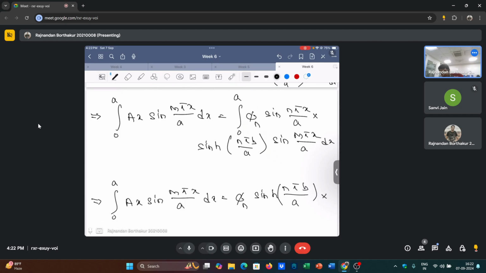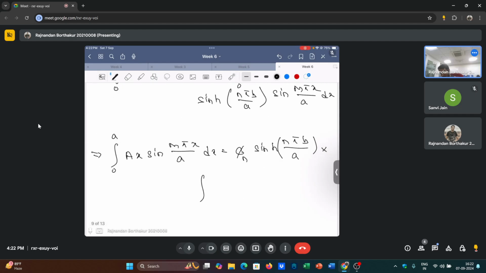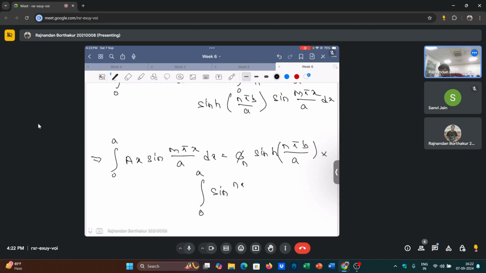This is a constant, multiplied by integral 0 to a sine n pi x by a into sine m pi x by a dx.